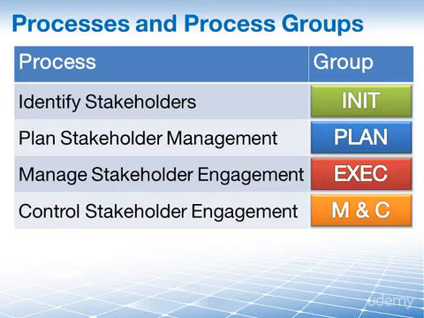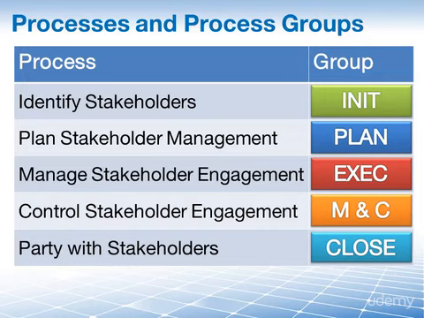What if we had a 5th process? What if we had a closing process here in project stakeholder management? And my suggestion for an improvement for the PMBOK Guide 6th edition would be we need to add party with stakeholders as a closing process as well.